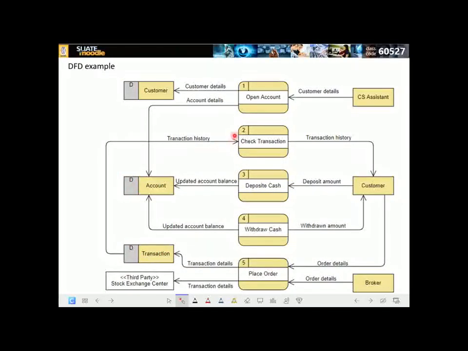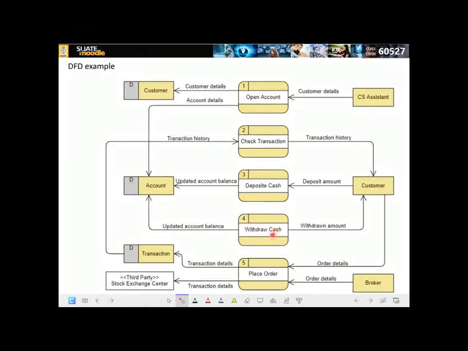Then the processes in this system. Open account: it should be possible to open a customer's account in the system. Check transaction: it should be possible to check a transaction. Then deposit: it should be possible to deposit cash. Withdraw: it should be possible to withdraw cash.